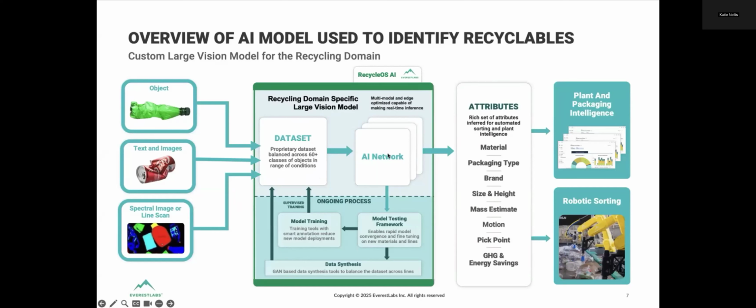Now, it's great to have an AI network that can make these inferences, but you also need a lot of ongoing processes to make sure that you're not drifting away from your accuracy goals, and you're not drifting away from the baseline of the model. So we've got a model testing framework and ongoing model training that's contributing to the data set and therefore contributing to the performance of the model.